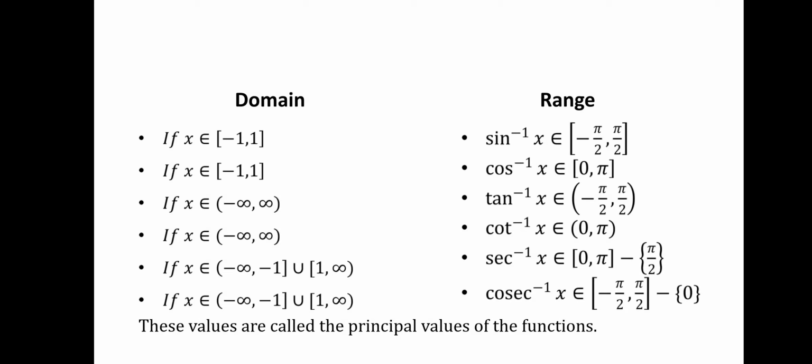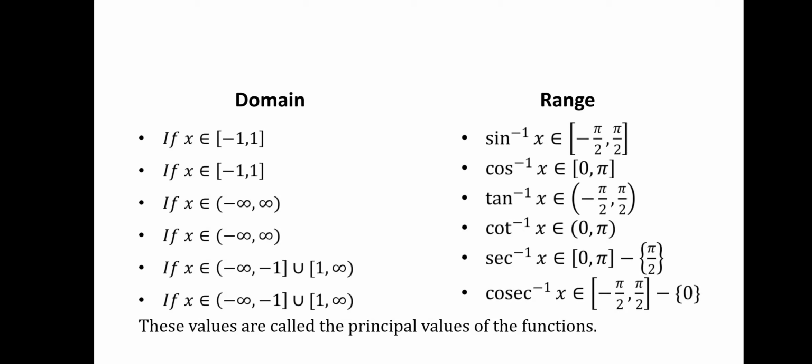But we need to understand that the sine inverse x function gives me a value only between minus pi by 2 to pi by 2. So any angle in that range is called a principal value.